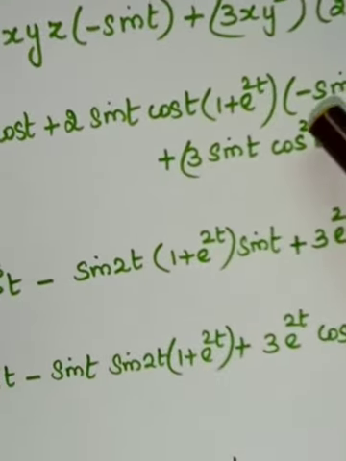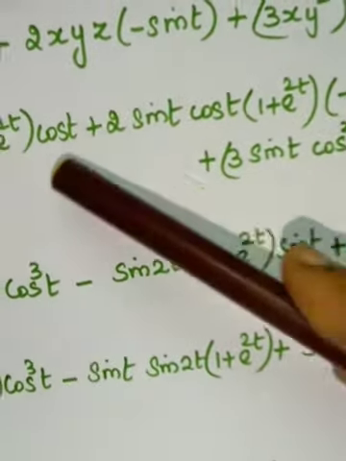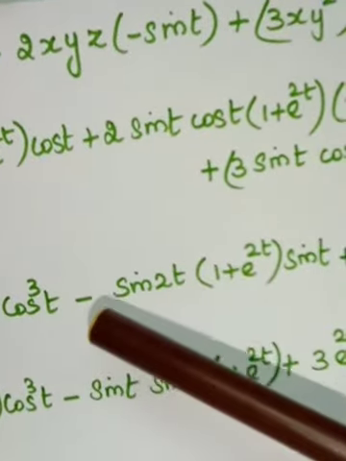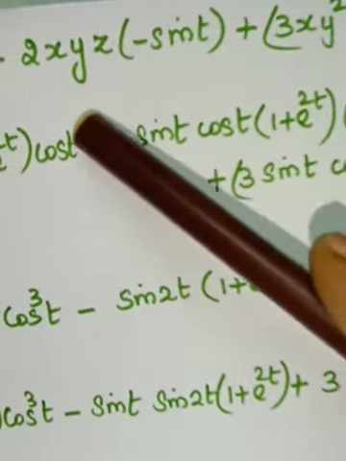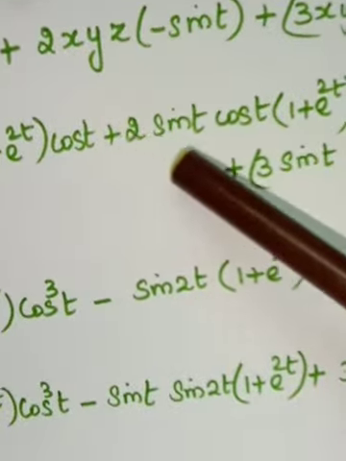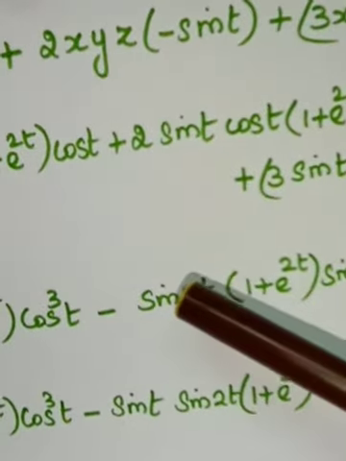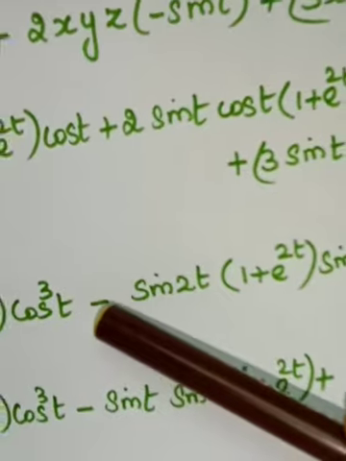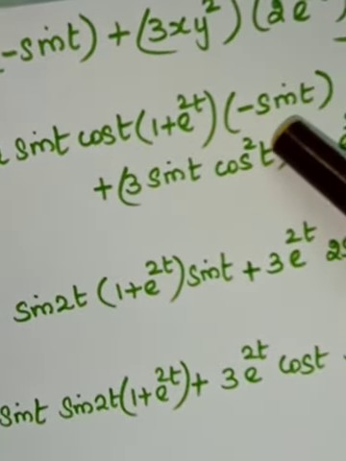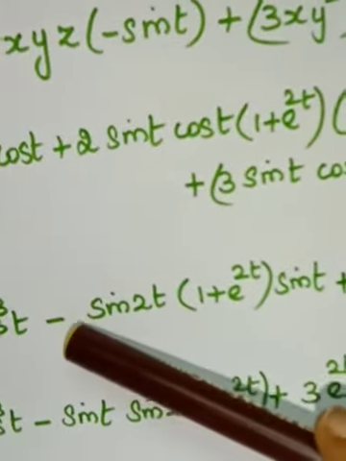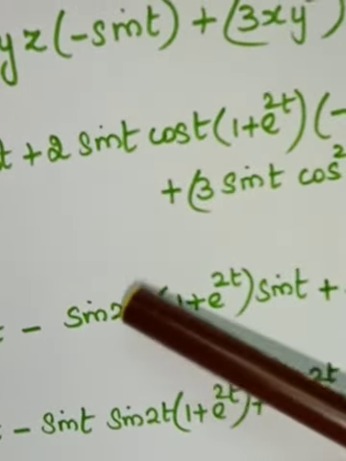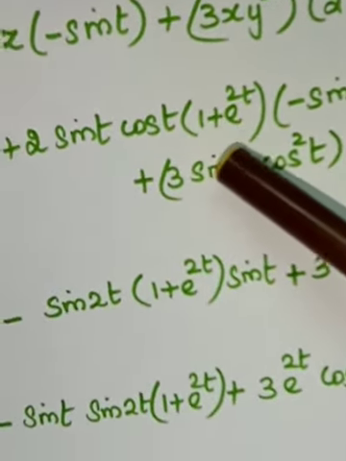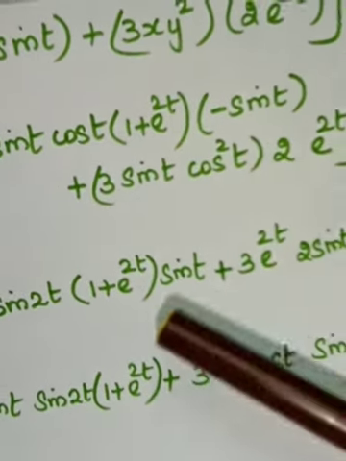So here you have minus. So this minus we can write in the front. So minus. You look at this, 2 sin t cos t. It's the formula of sin 2t. So these terms I have written as sin 2t. So why the minus? In this term you have minus, so the minus is written here. What is remaining here? (1 + e^(2t)) into sin t.